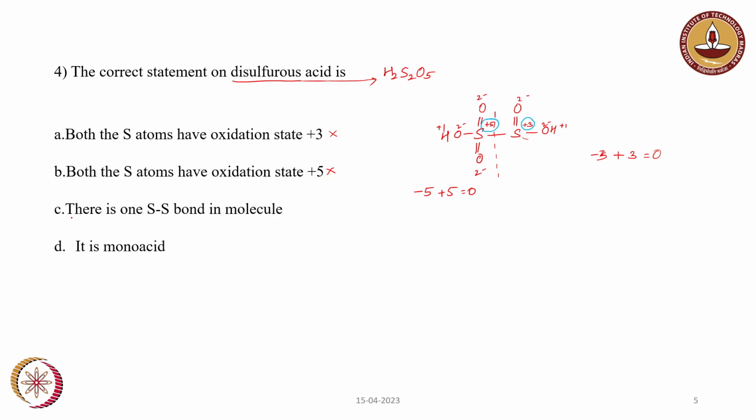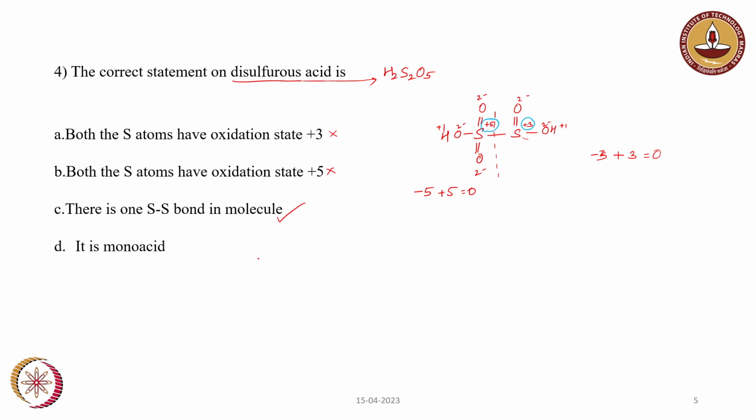And the third one is there is one S-S bond in the molecule. So this statement is true because there is one S-S bond present in disulfurous acid. And the fourth option is it's a monobasic acid. So we can see that there are two OH bonded to sulfur directly, so we can remove both hydrogens as H plus.